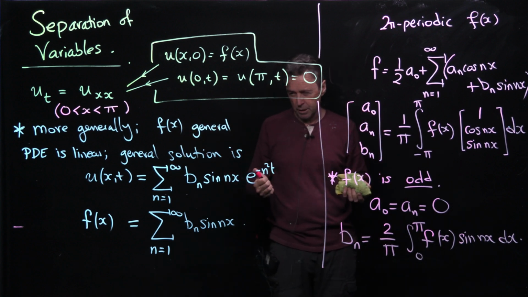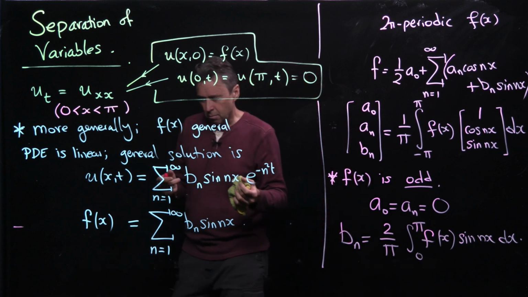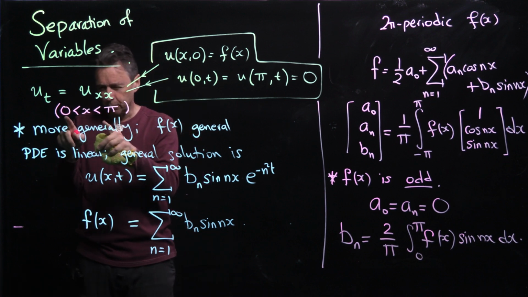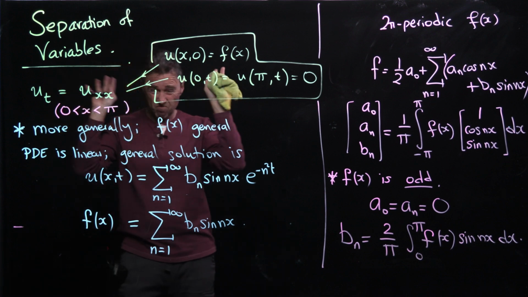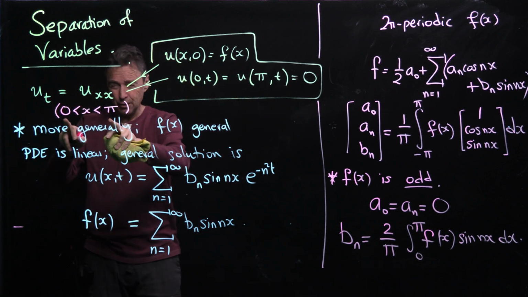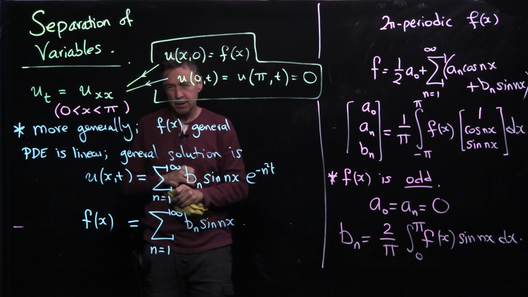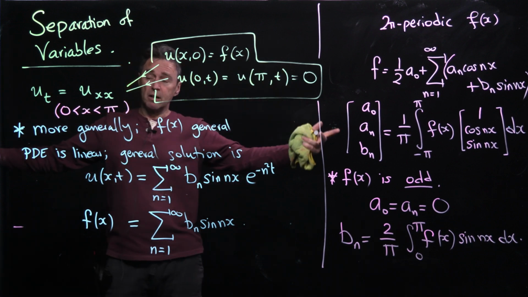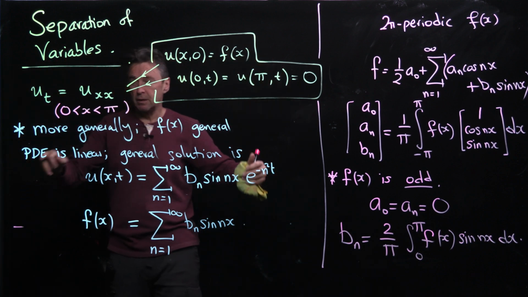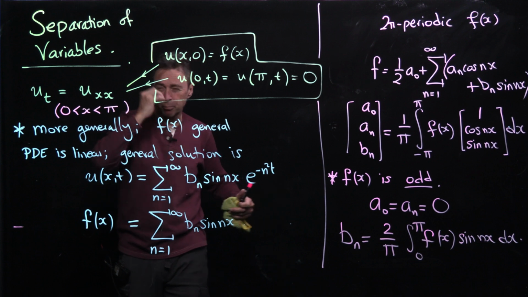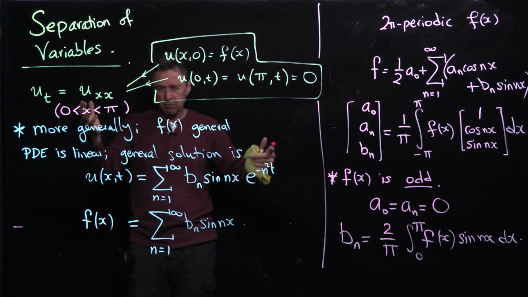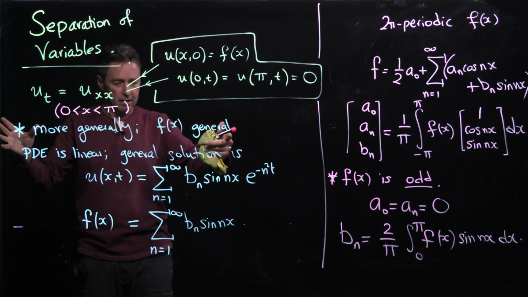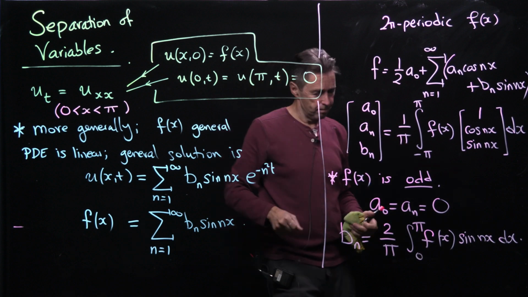So how do we proceed? Well, the fact that we've only solved this problem between 0 and pi, and we've got no information outside that interval, allows us to be clever about that. If we're not saying anything about what happens below 0 or above pi, then we can demand something about what happens there in order to connect this problem with that problem.